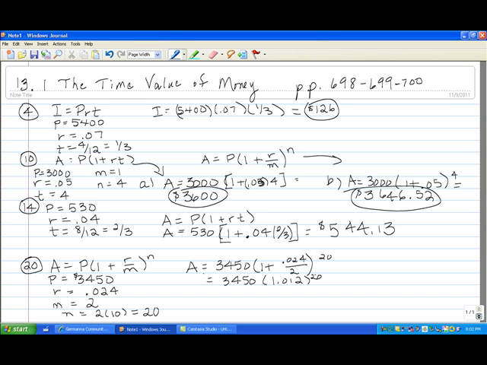So I can do that addition in my head. So 3450 times 1.012 raised to the 20th. And I'm getting 4379.55.